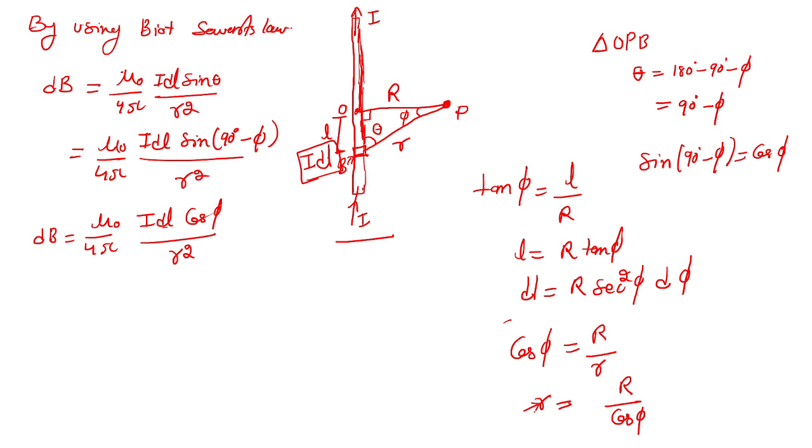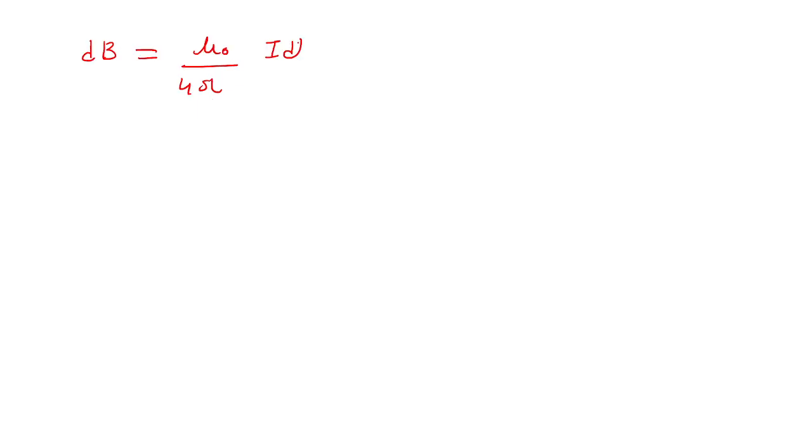So what was our equation? dB is equal to mu naught over 4 pi, I dl cos phi over r square. We got the value of dl from the previous differentiation, that is r secant square phi d phi. And we also got the value of r, that is small r over cos phi.